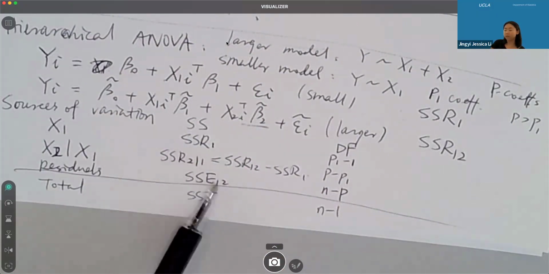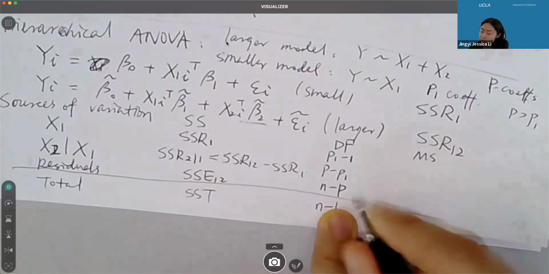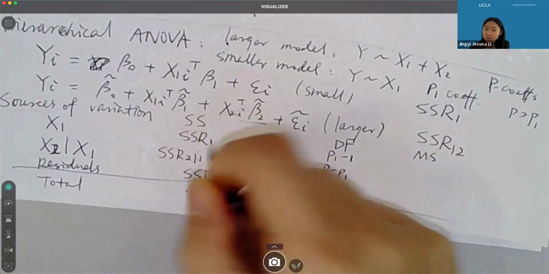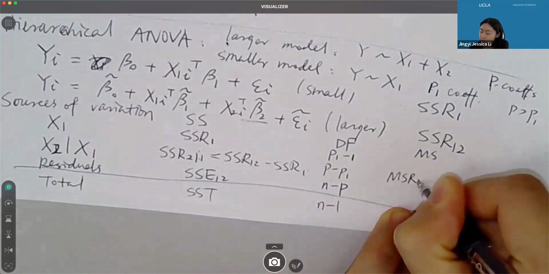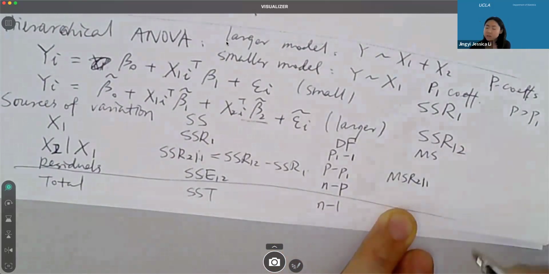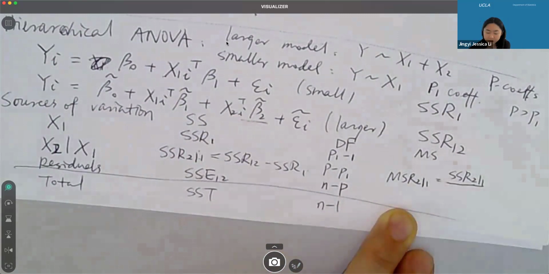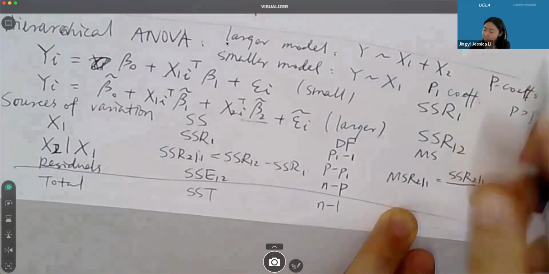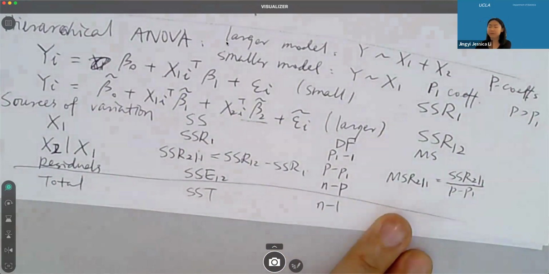So for the mean square column, we care about these two rows. We define MSR 2 given 1 as SSR 2 given 1 divided by P minus P1, the degrees of freedom.